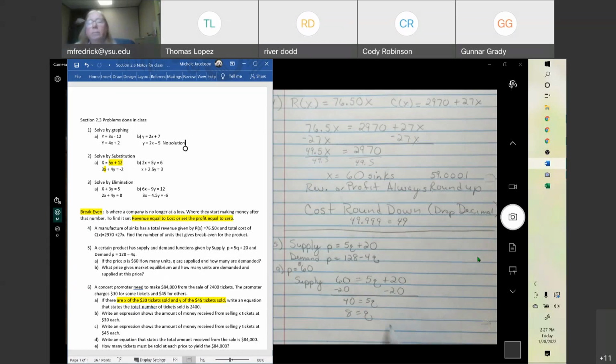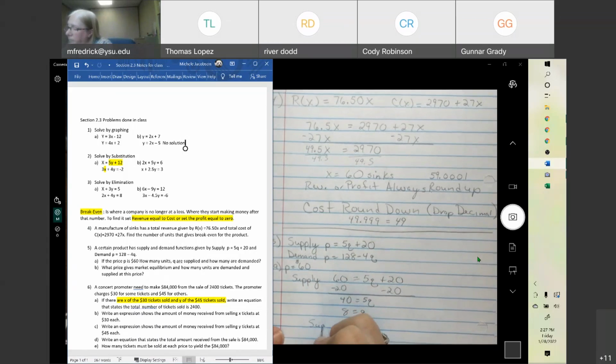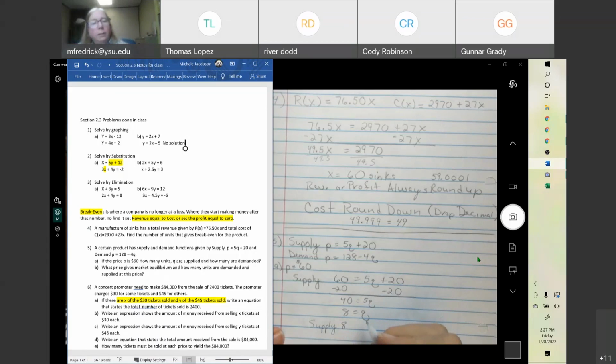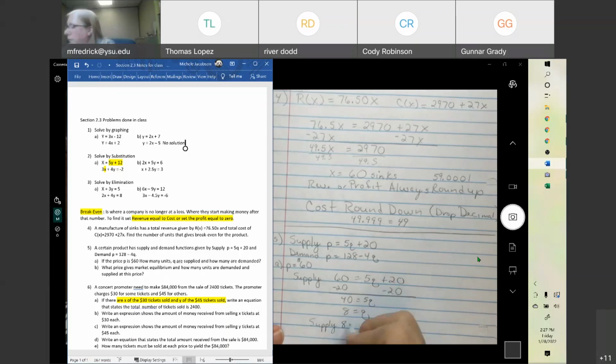Getting 8. So if we sell them for $60 each, we will create 8 of them. Eight, I think it's just units.